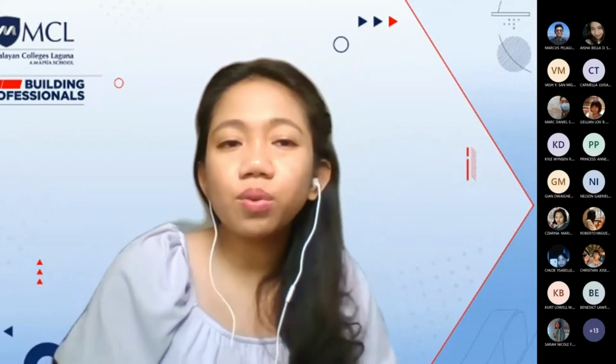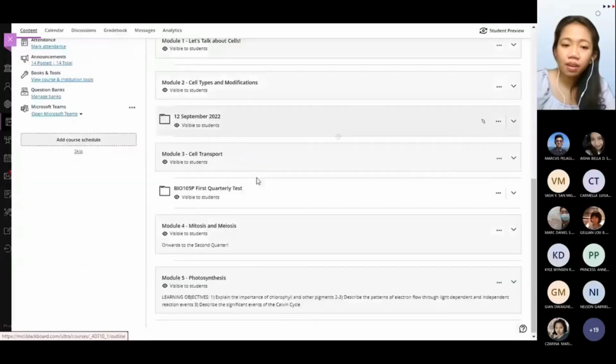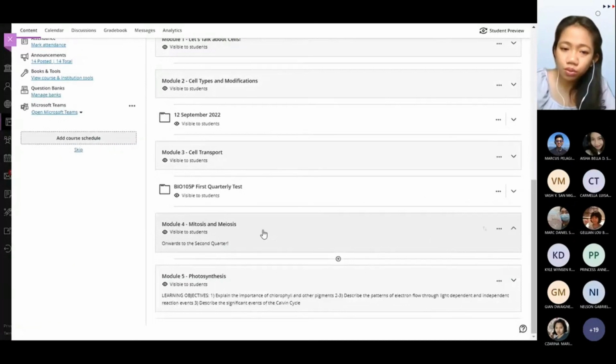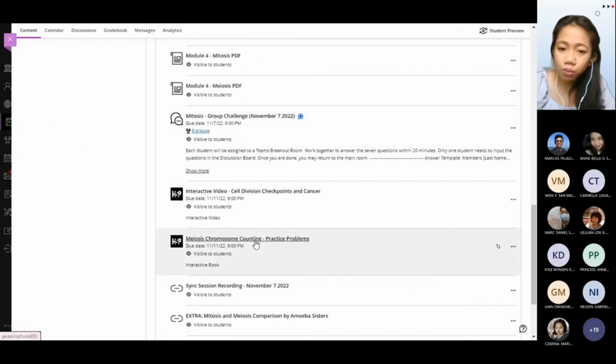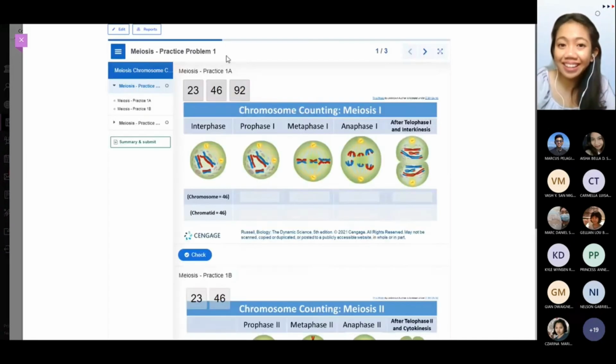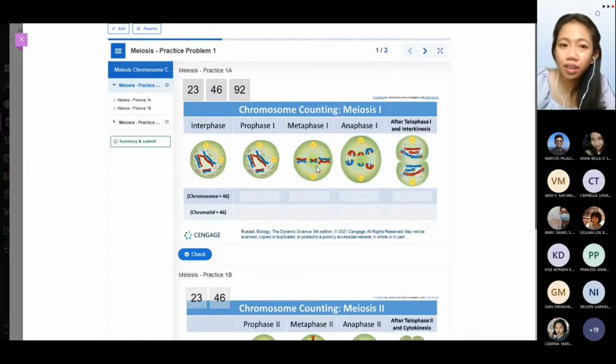If you go to your BBL, in Module 4 you'll see this activity, the meiosis chromosome counting practice problem. So, kindly do that. Set aside time because now is our async time. So, let's answer this today.